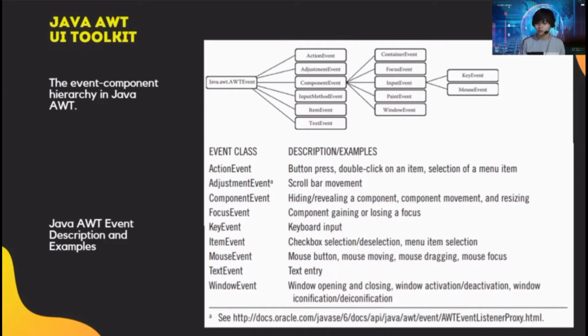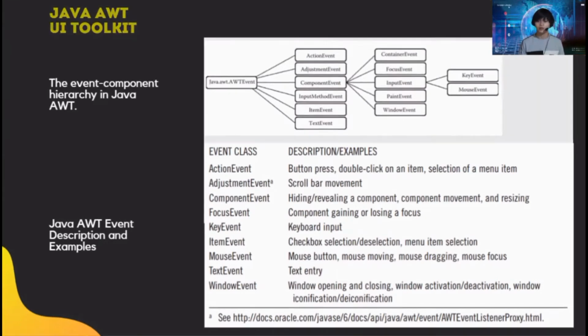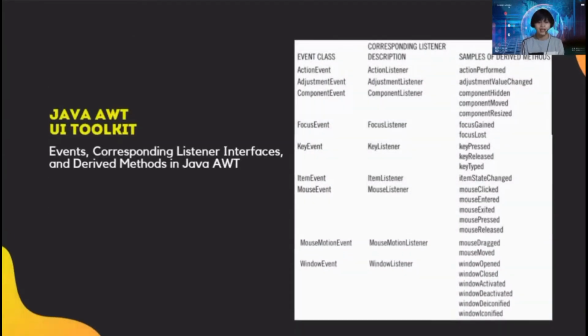Okay, so again, these are the different events in the event component in Java AWT, in the Java toolkit rather. Okay, so these were the different methods and iyang gamit kung ginaon sa programmer or ginaon sa imong developer pag-develop imong program. So next, these are the events' corresponding listener interfaces and derived methods in Java AWT.